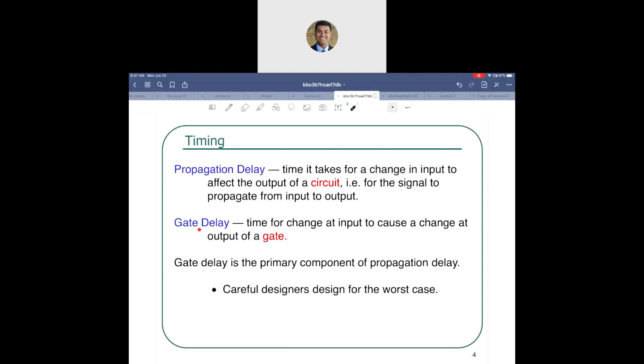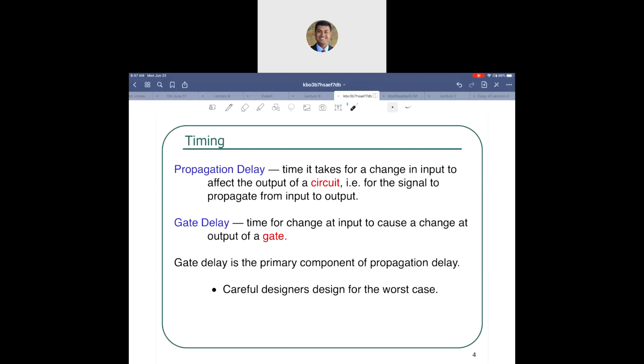But for a gate delay, it is the input of a gate to the output of a gate. So it is with respect to a gate. Time for a change in the input to cause a change in the output of a gate. Right? So you can clearly see that the gate delays should be much smaller than the propagation delays, because the circuit will usually have more than one gate. Gate delay is the primary component of propagation delay.